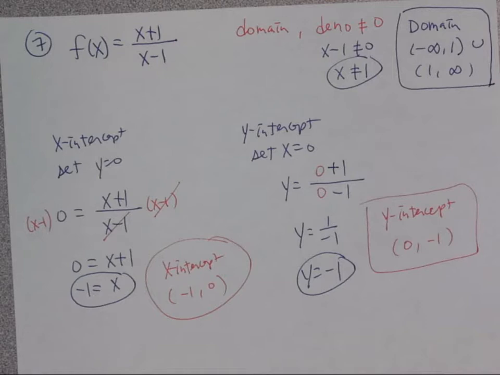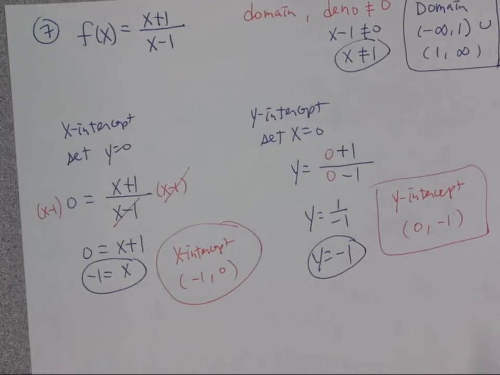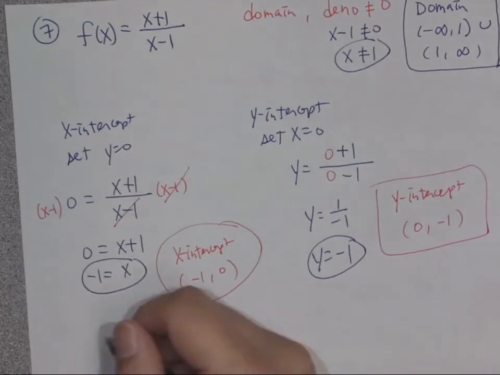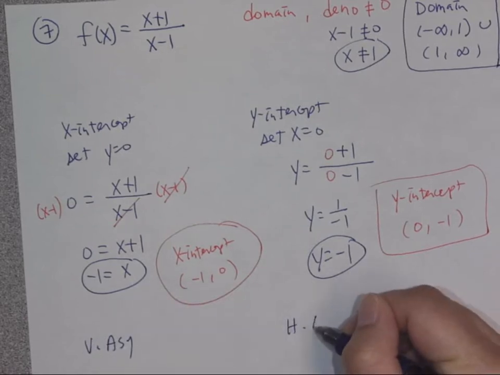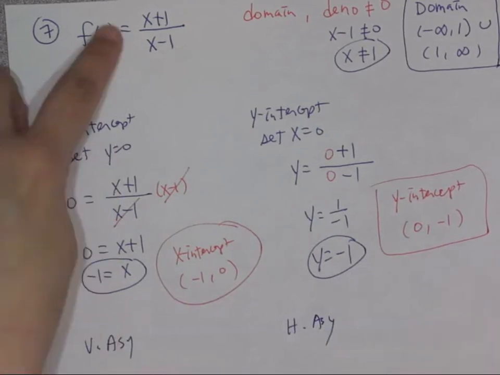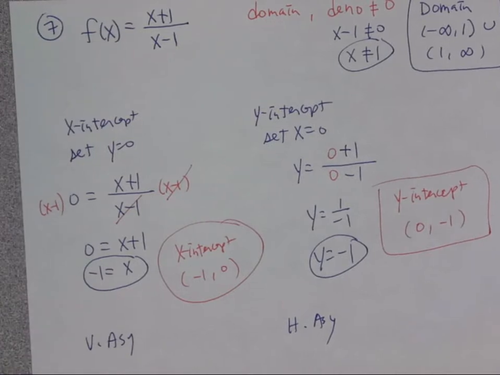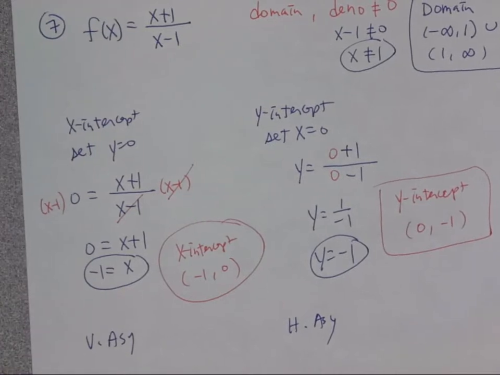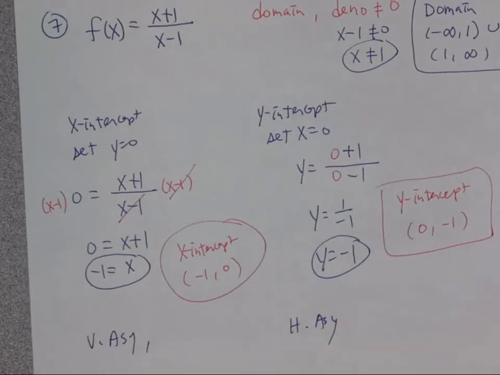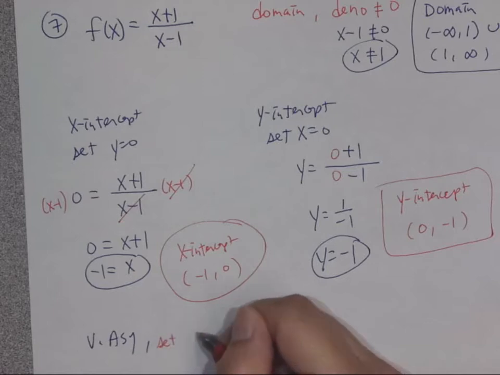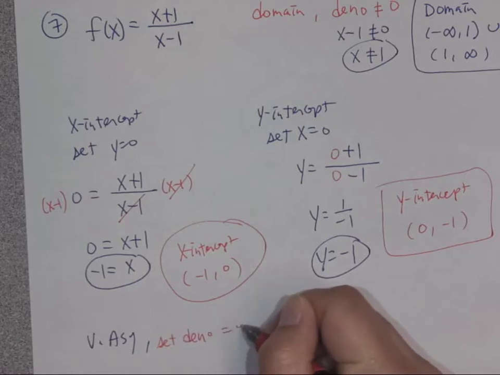The next part they asked for, they didn't ask for asymptotes, but we probably need them. Maybe they forgot. So let's go ahead and find the asymptotes. So we have a vertical asymptote, we have a horizontal asymptote. I don't have a slant asymptote, since a slant asymptote requires the top part to be exactly 1 degree higher than the bottom. So how do we find the vertical asymptote? We basically set the denominator equal to 0.